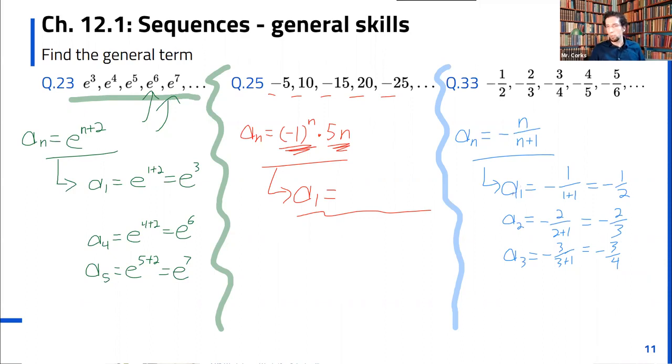Right. So identifying what a general term could be for a sequence, it could be anything. Any kind of math operation could be used to build that sequence. The textbook has a good random mix of questions in chapter 12.1 here, where all kinds of different math tools, properties and operations are used to build sequences.